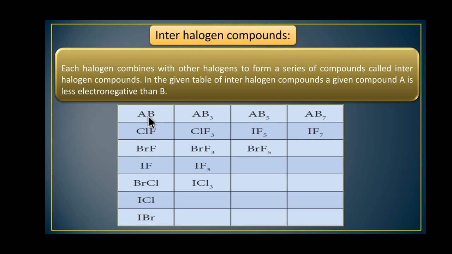Is it clear? What are the examples for AB type? ClF, BrF, IF, BrCl, ICl, IBr.